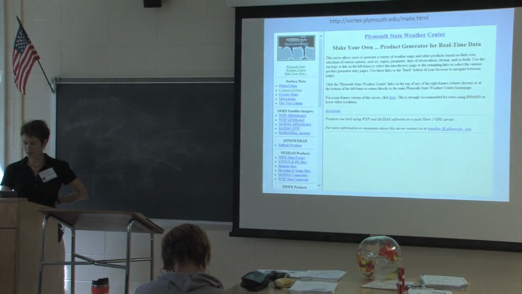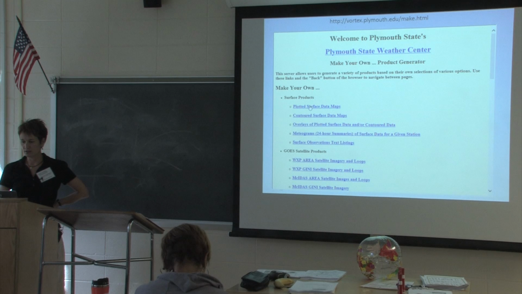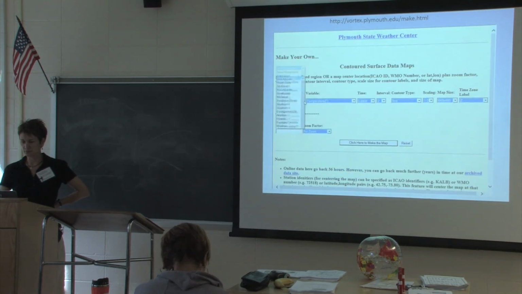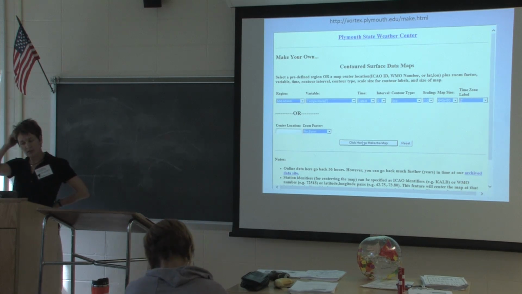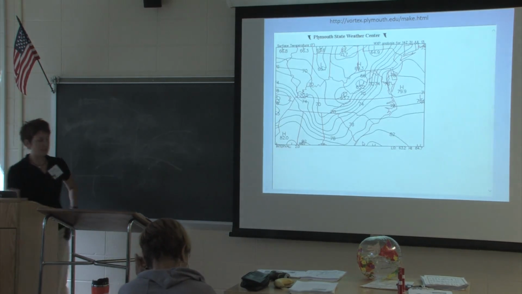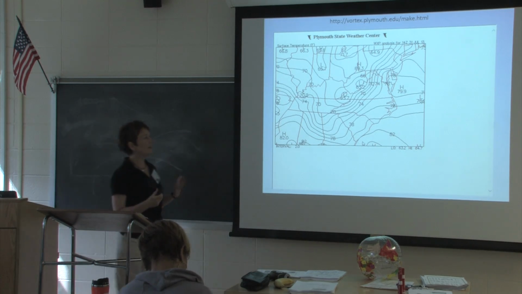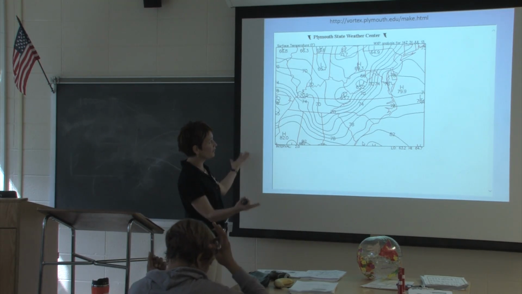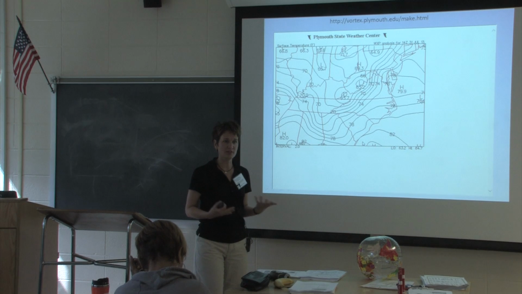We don't have a big gradient in pressure going on right now, I guess. Contoured. Let's look at temperature. So what we produced was a real-time data contoured map of our temperature gradients right here, right now.